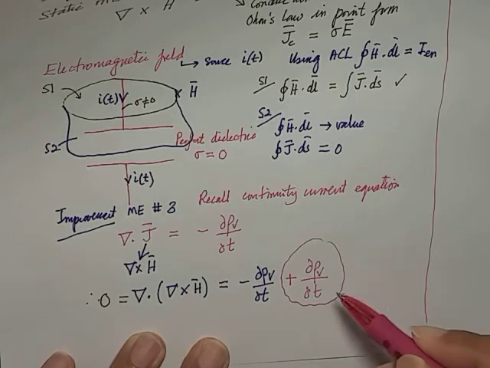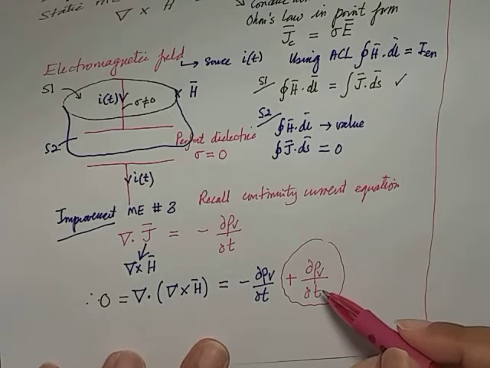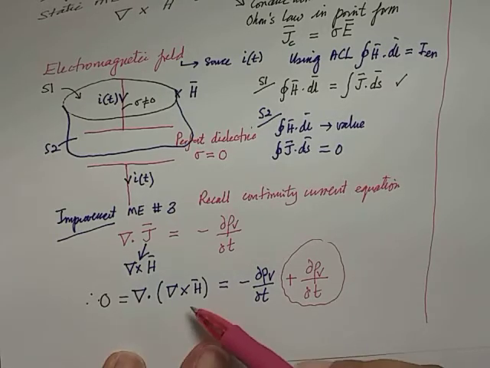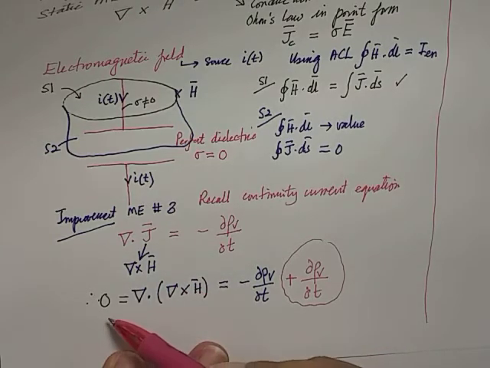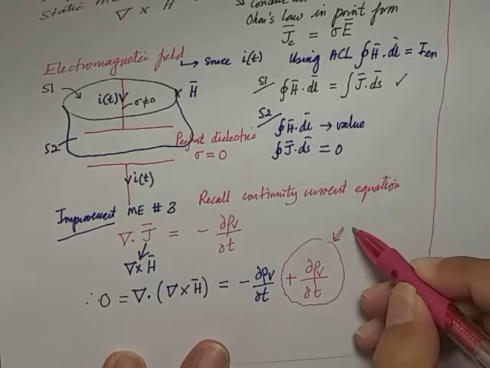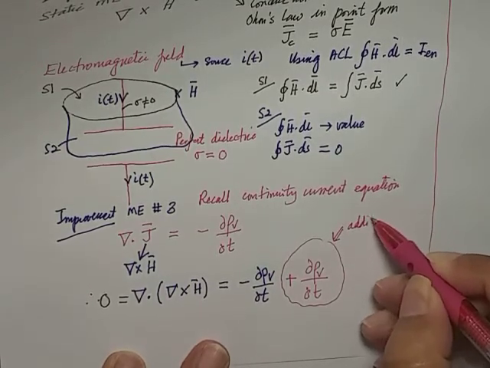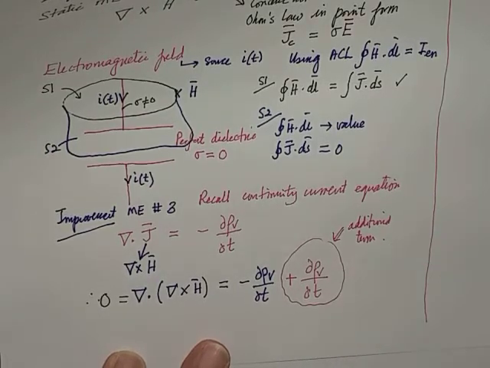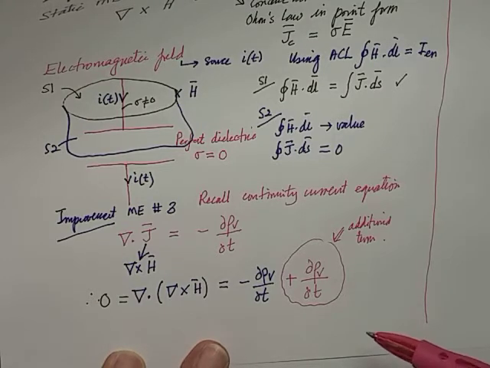He just added this term, that additional term, so that the final solution also agrees with the left hand side term which is equal to 0. Okay, so now you have something that has been corrected.